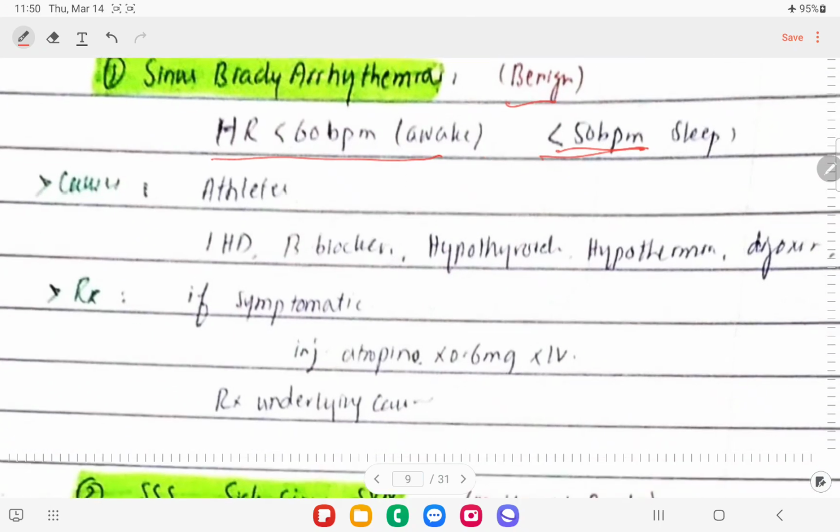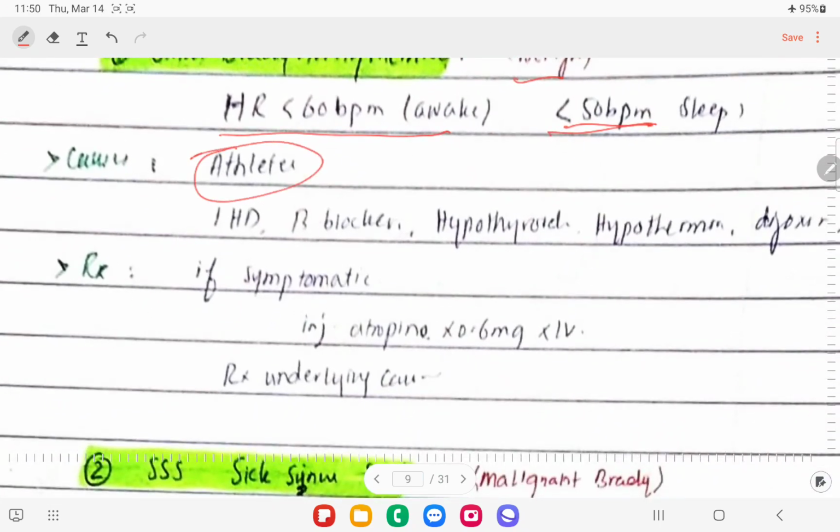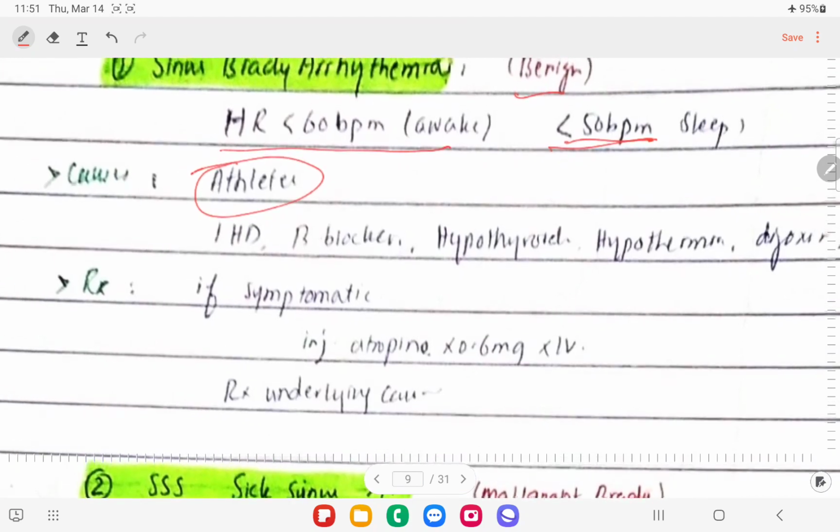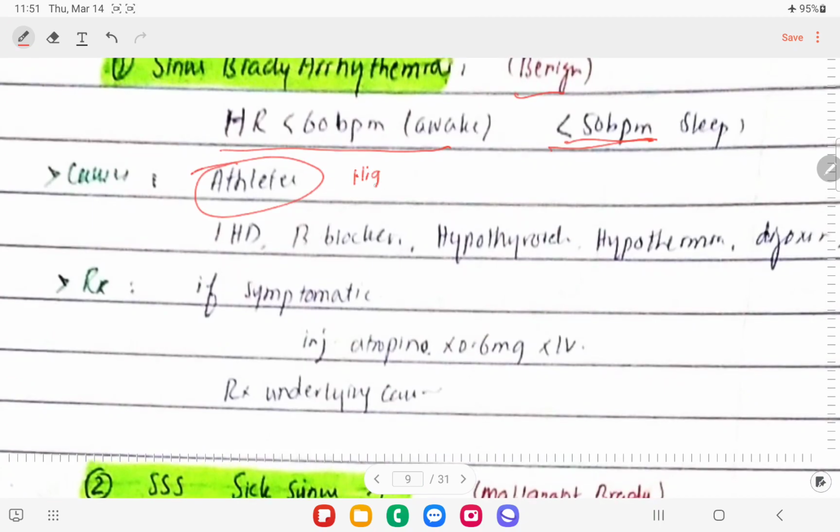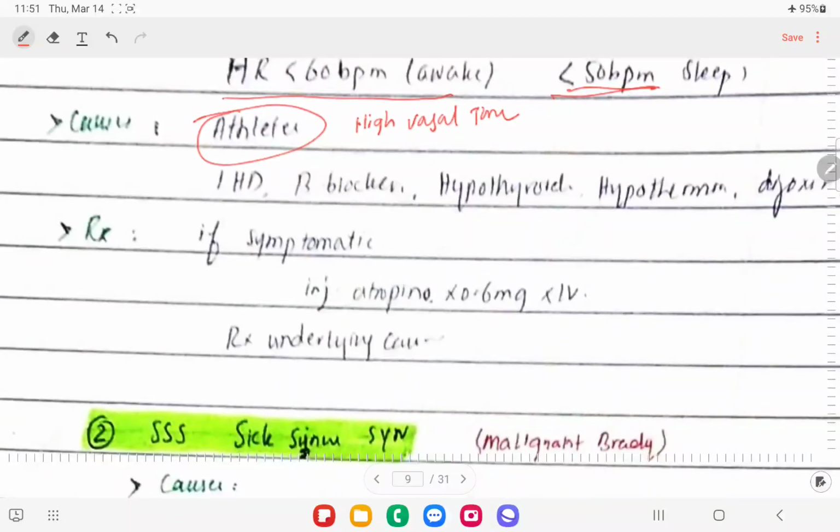Causes include athletes. Basically, what happens in athletes is there is tachycardia, and because of that our vagus nerve gets more activated. Because of high vagal tone, they usually have bradycardia in the resting position, and that's how they get sinus bradycardia.